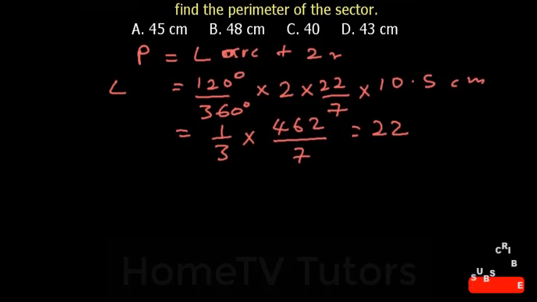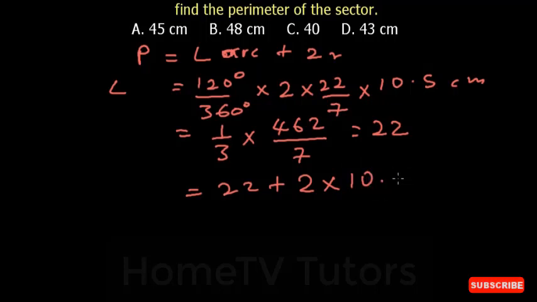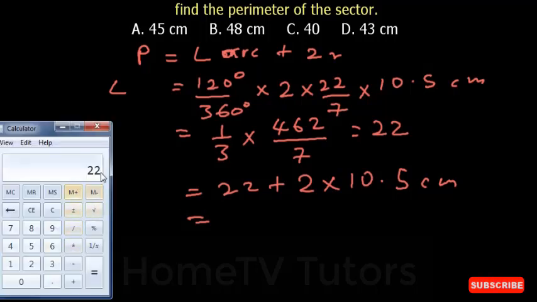Now that we have the length of arc as 22, the perimeter is length of arc plus 2r, which is 22 plus 2r, and the radius is 10.5 centimeter.